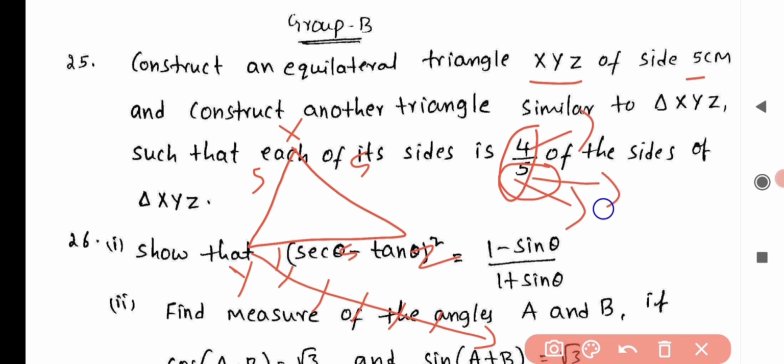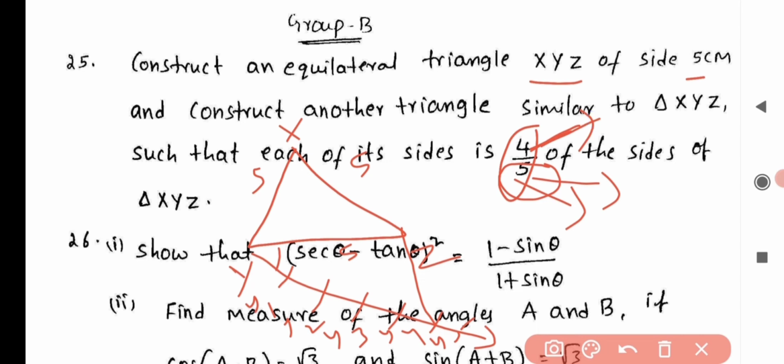So this one is y1, y2, y3, y4, y5. Join y5 to z, and also draw a parallel line to y5 z at y4, since the numerator is 4.